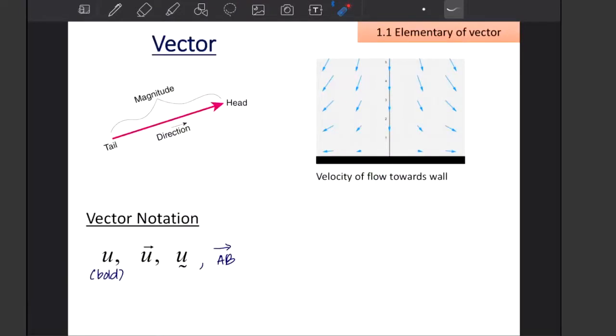We represent vector like this. This is the tail, or you can write it as initial point, and head or terminal point, or end point.